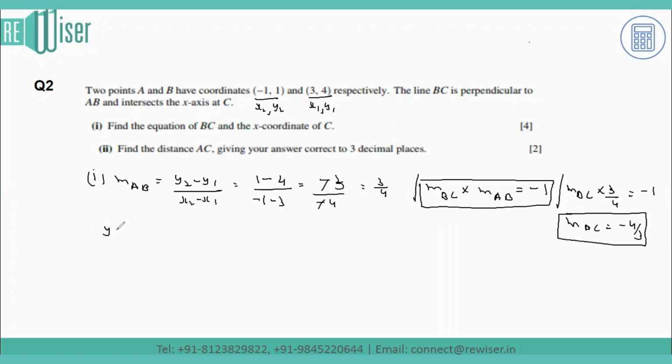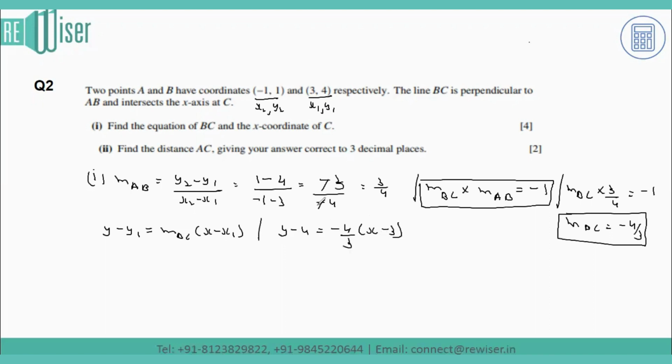So the equation of this line BC is written as y minus y1 equals MBC into x minus x1. That means the equation of the line will be y minus 4 is equal to minus 4 by 3 into x minus 3.